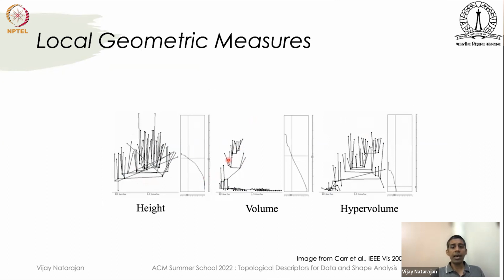The cylinder has a volume, and you could use its volume to associate a weight with the arc. You could multiply the difference in function value with the volume to get hypervolume and use that to decide which arc to remove. Each measure has its own benefits, and these have been studied extensively in the visualization literature.